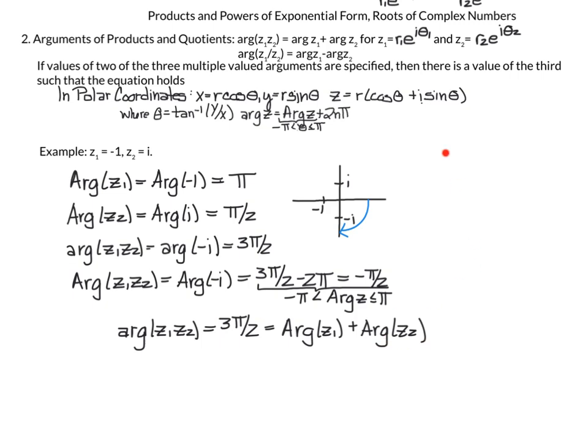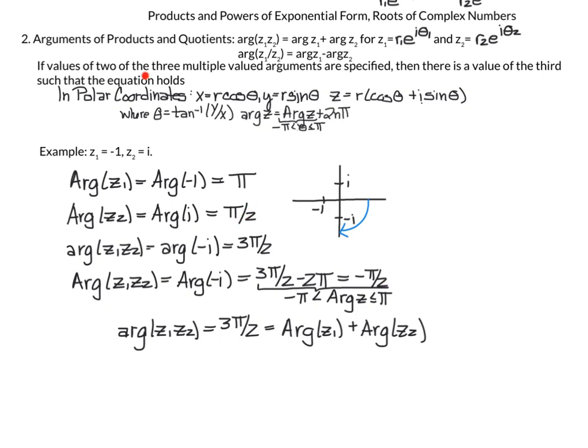the principal argument of z1 plus the principal argument of z2. And all that this formula guarantees, it doesn't have to be the principal argument here. It just so happens here it's the principal argument. But the other thing that this formula is supposed to tell us is that it's not true that any argument of z1 z2 works. For example, if we took the argument of z1 z2 to be negative pi over 2, you can see that's not equal to arg z1 plus the principal argument of z2.